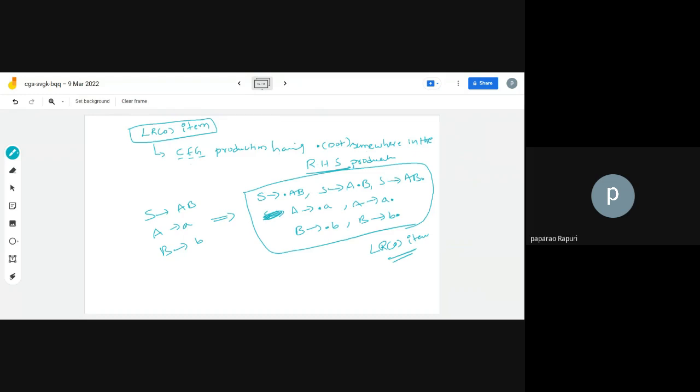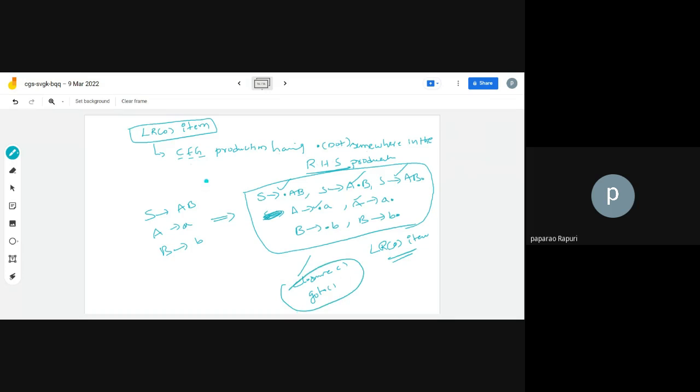For constructing these, we don't know how to write this one, how to write this one, how we are writing this one. For this, we are using closure and goto functions.